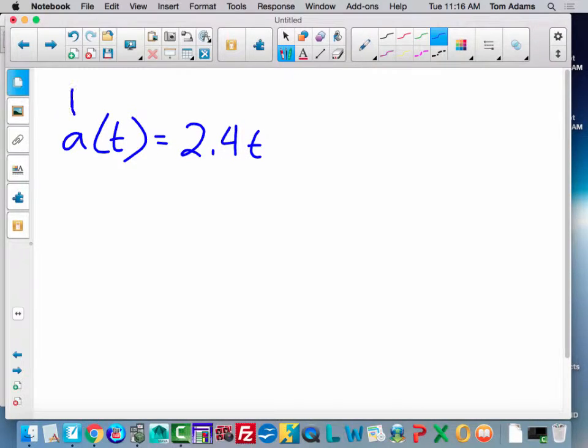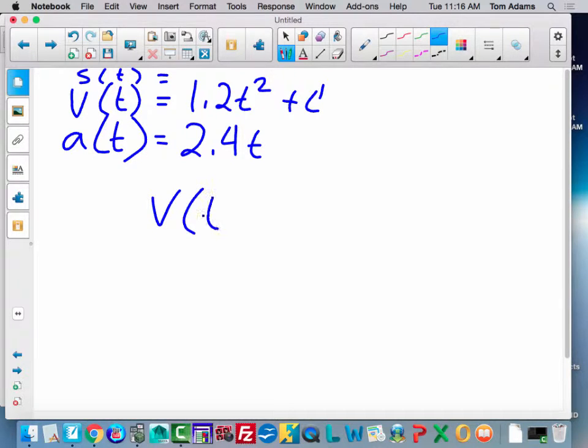We said that our velocity as a function of time is 1.2 t squared plus c. And when we talk about distance, what do we really want? Yeah, we want the antiderivative of velocity. What's the problem though? There's a c. So I need to solve for c.